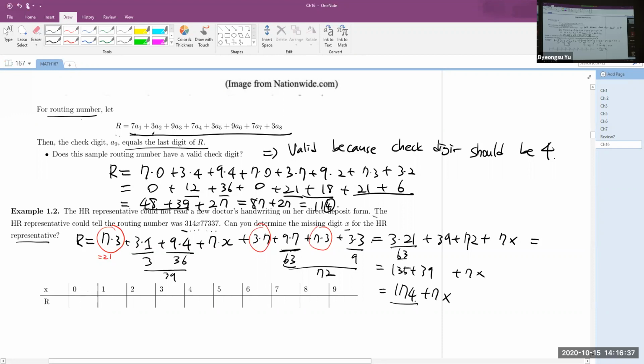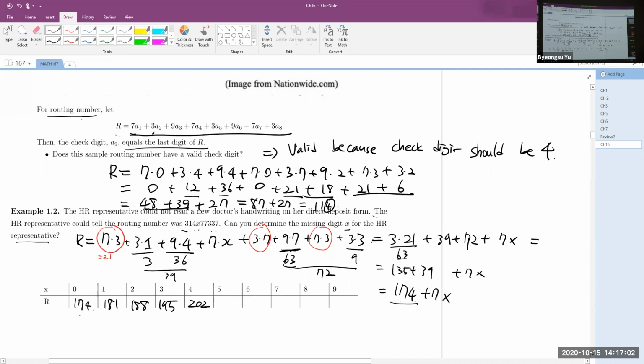So in this case, when x is 0, then your number R is just 174. But if x is 1, then you can add 7 to the previous one to get 181. X is 2, then 188 by adding 7 again. X is 3, then adding 7 again, you get 195.